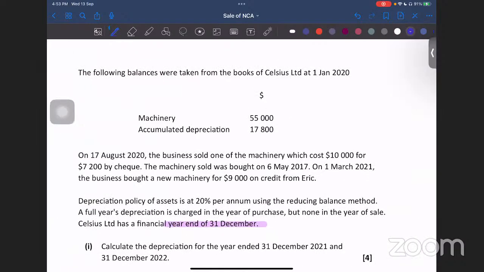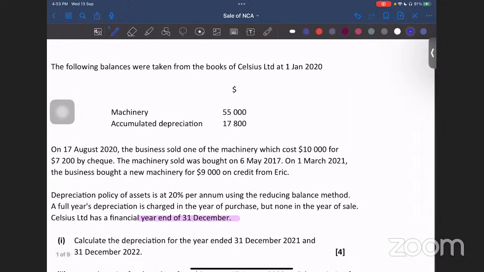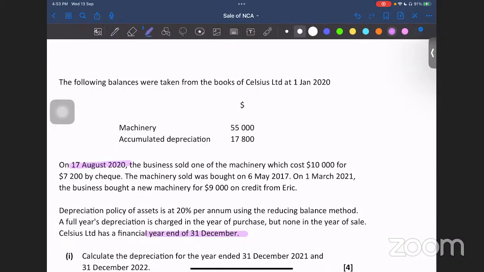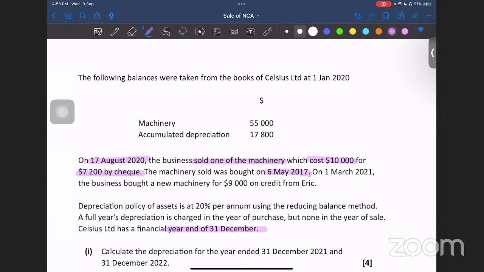First, I have these figures, right? These are my existing equipment. And I know that on this date I sold one machinery costing 10K. The machinery that I sold was bought on 6 May 2017, and we received 7,000 from this sale. So this will be my first asset.